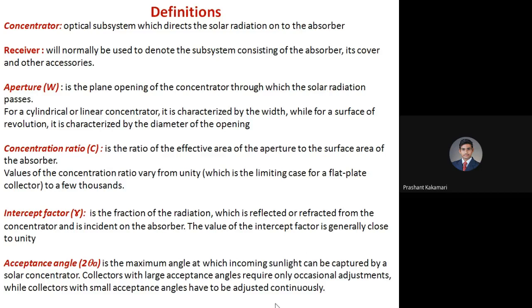Next is the receiver. Here the receiver is nothing but the absorber itself. Why are we not calling it simply the absorber? Because the absorber in the flat plate collector we discussed earlier absorbed the solar radiation applied and transferred the heat to the liquid or fluid.